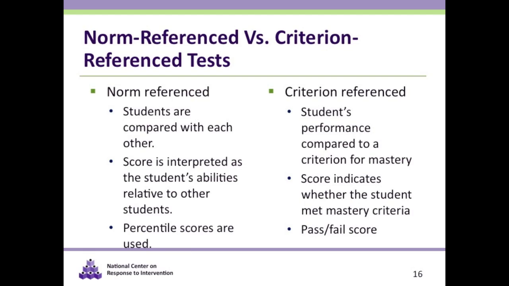If you're interested in knowing how a student compares to another student in the screening process, you would probably be most interested in a norm-referenced assessment. If you want to screen for students to determine who did or did not meet a set criteria, then you will likely be interested in a criterion-referenced assessment. This will be discussed in more detail later.